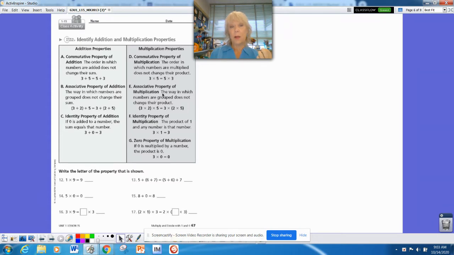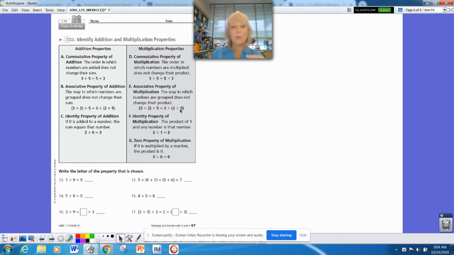The associative property of multiplication is the way in which the numbers are grouped, and it does not change their product. Notice here they have 3 times 2 in parentheses, and you take that product times 5. It is still the same as if you had 3 times, and then in parentheses 2 times 5.